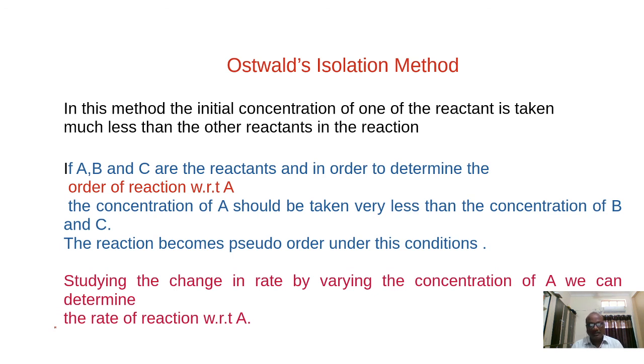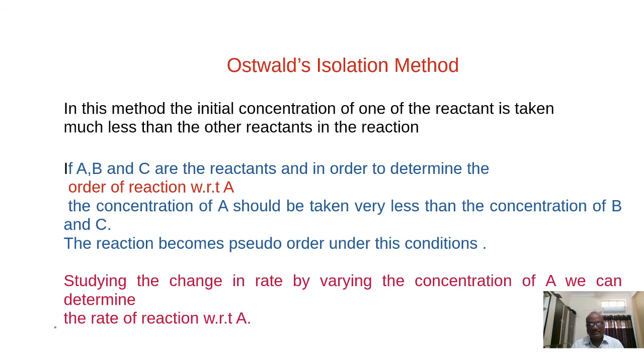Similarly, in order to determine the order with respect to B, A and C concentrations should be kept constant by taking them in excess. Now we study the change in concentration of B and the change in rate. Based on that, we can determine the order with respect to B. We follow the same procedure in the case of C also.